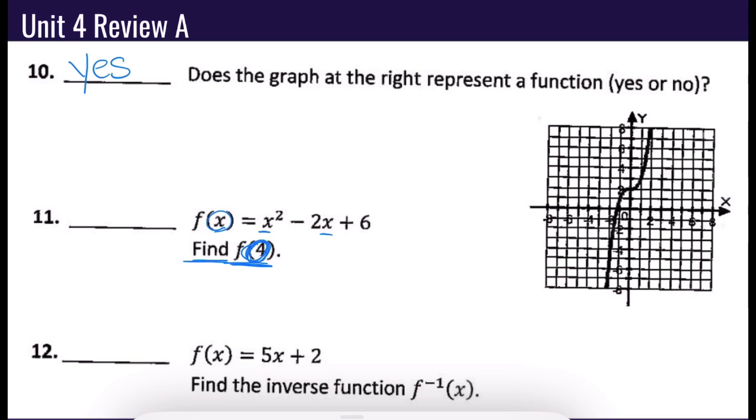So instead of x squared, we want 4 squared, and instead of minus 2 times x, we want minus 2 times 4. And then that plus 6 just comes on down. If we do this on our calculator, we do the 4, and then the x squared key, and then minus 2 times 4 plus 6, enter. And that's going to give us 14.